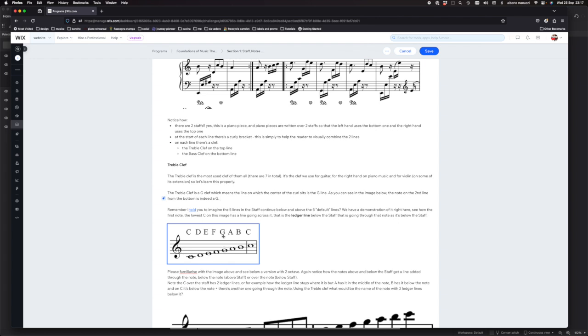There you go. Everything else is built in relation to that. So the C will be, there you go, that's a ledger line going through this note below the staff, and that's a C. On a treble clef, the note just below the staff with a ledger line going through it is a C. And then there's another C on the 3rd space.